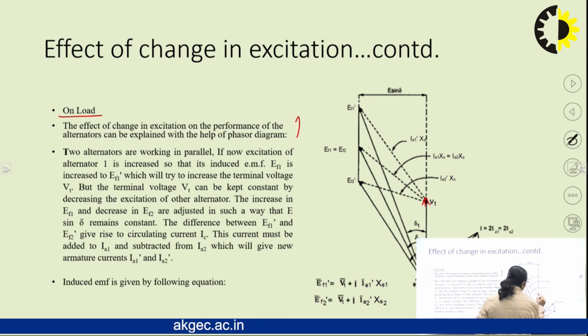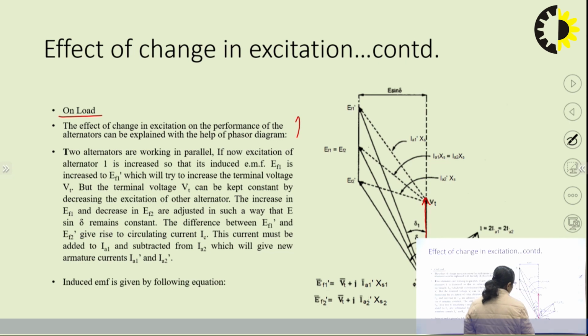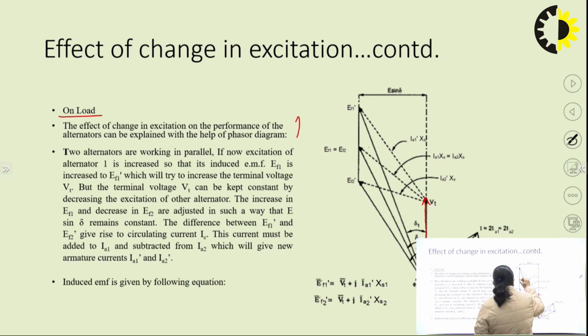What is the initial condition? This is the voltage Vt, and this is the excitation EMF of two alternators. The two EMFs are equal in magnitude and they have the same load angle delta, right? Two alternators are working in parallel.